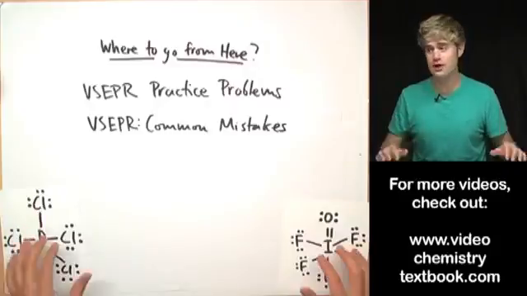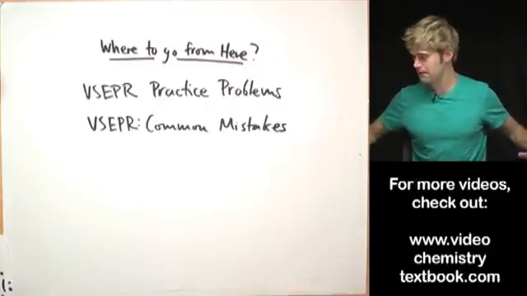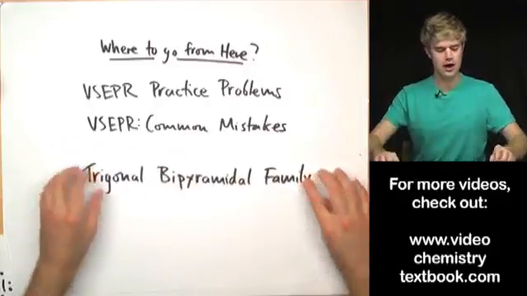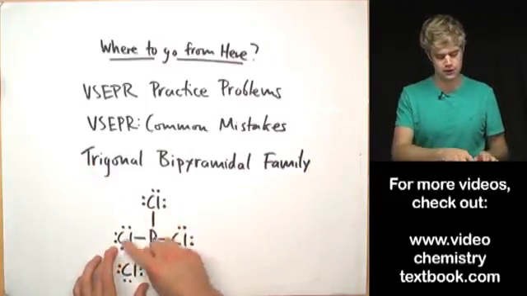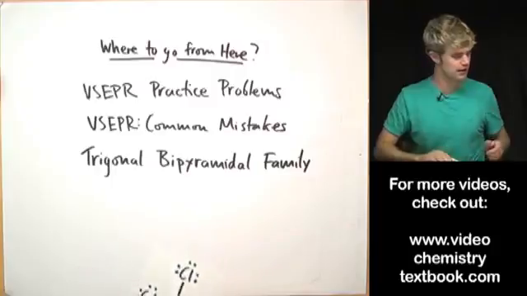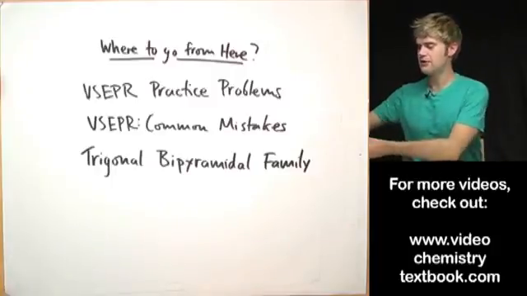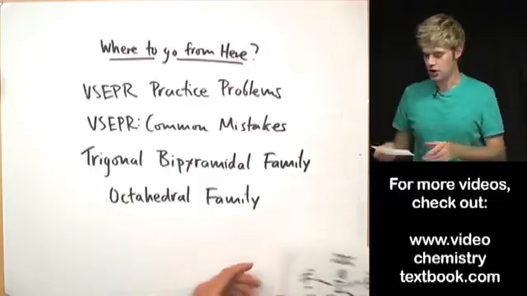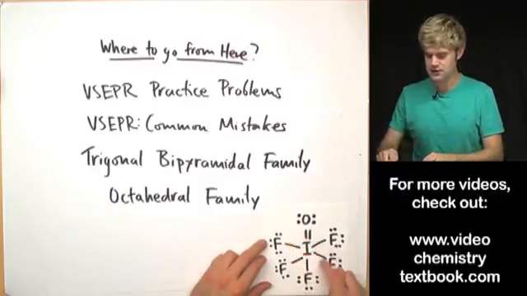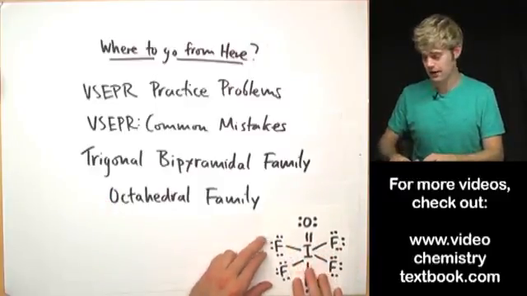So I made some other videos on this sort of stuff. I made a video on the trigonal bipyramidal family, which are all of the molecules that have 5 things around a central atom. And then there's another video on the octahedral family, which are the molecules that all have 6 things around a central atom.